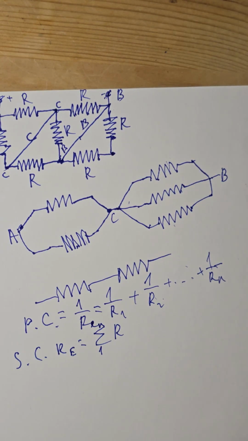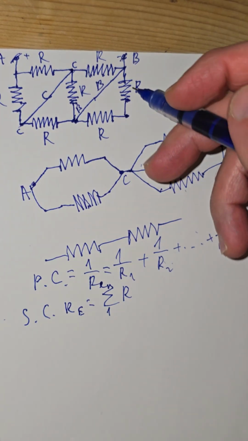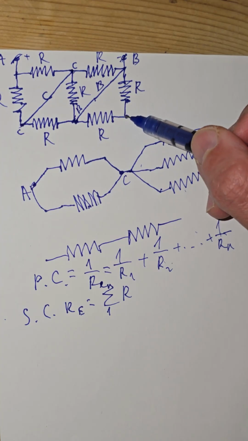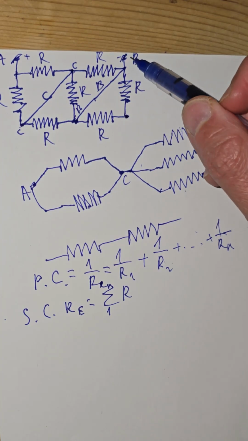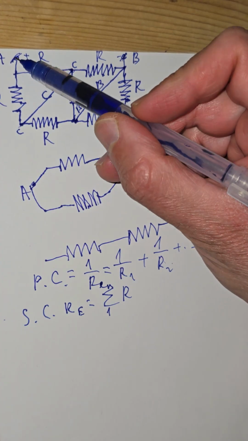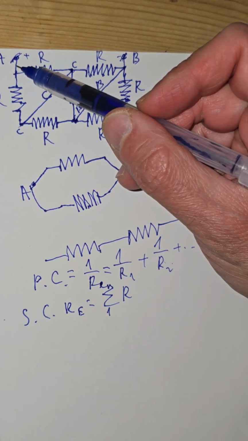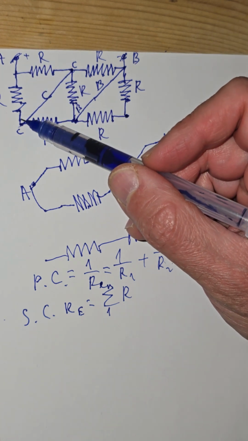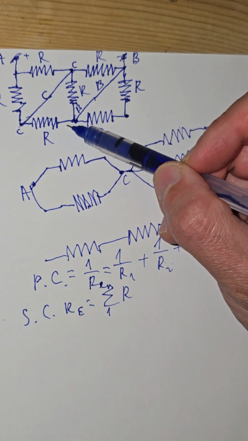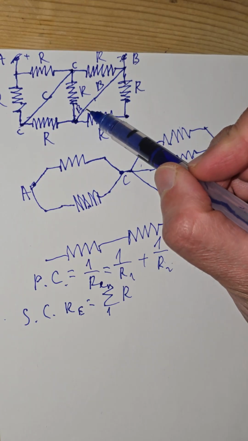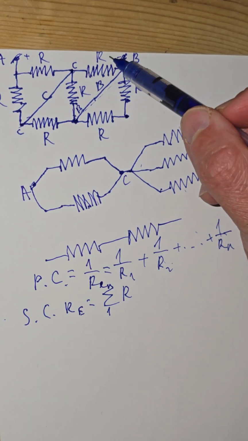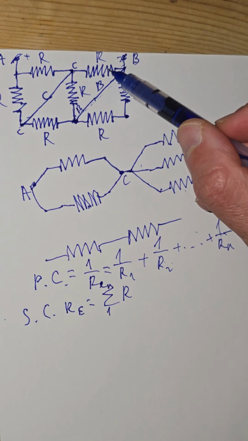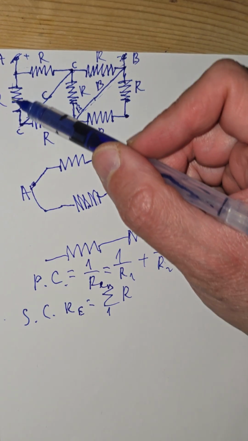It does not matter the order. This point is not connected to either B or A, because the current begins from here. It goes like this, to B, or from here like this to B.